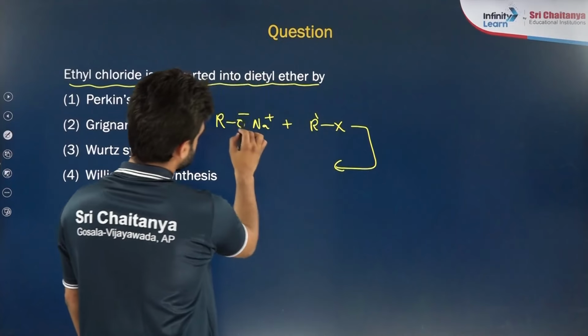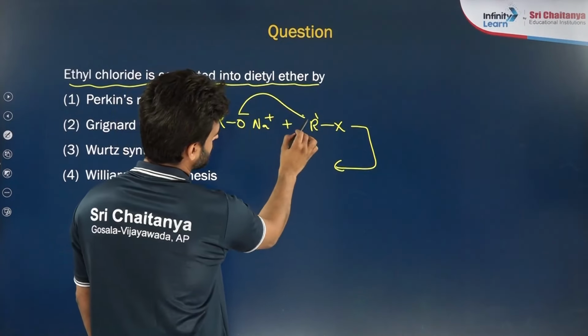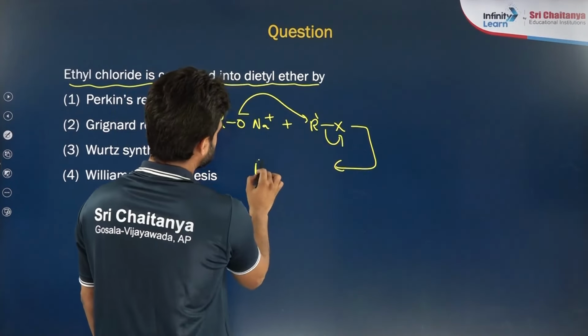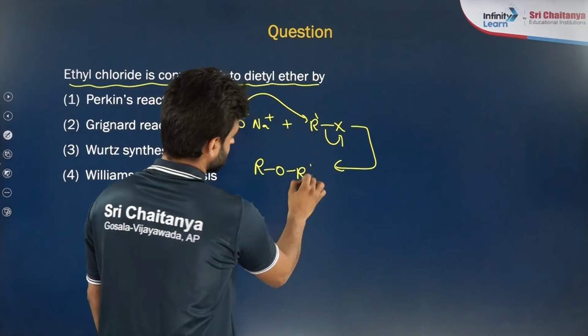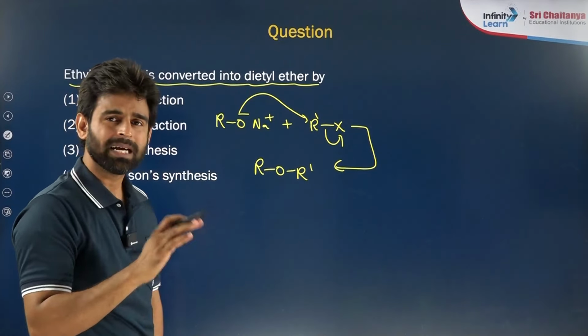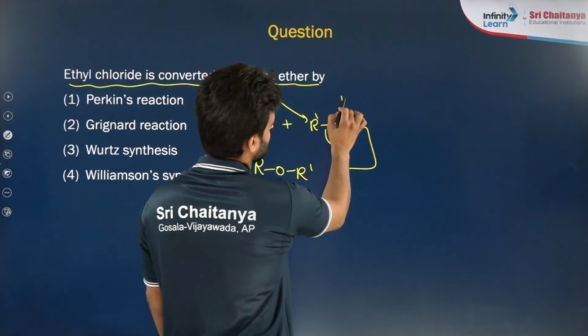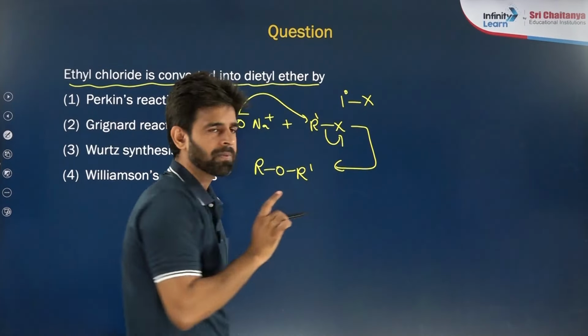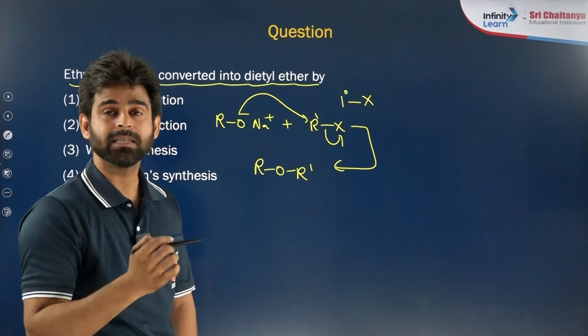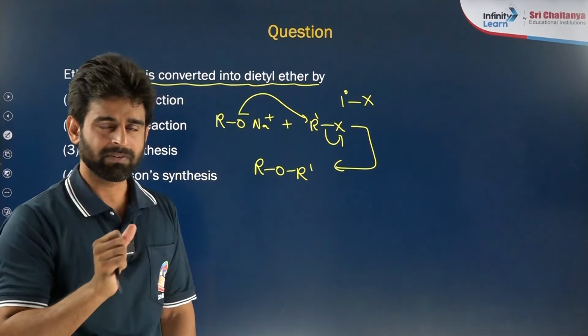So you will see this will be a nucleophilic substitution and will give us ROR'. To minimize the chances of elimination, it is preferred that the haloalkane must be which one? Primary, because in case of secondary and tertiary haloalkane, elimination chance will increase.